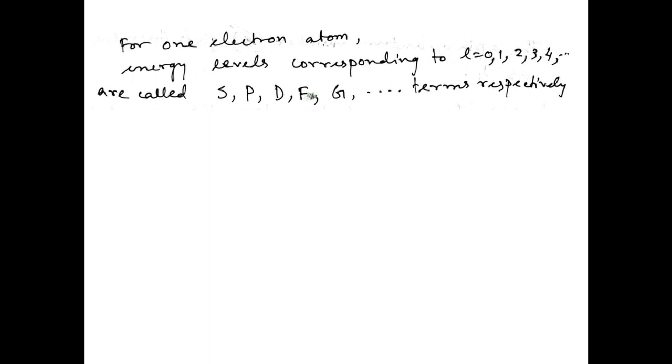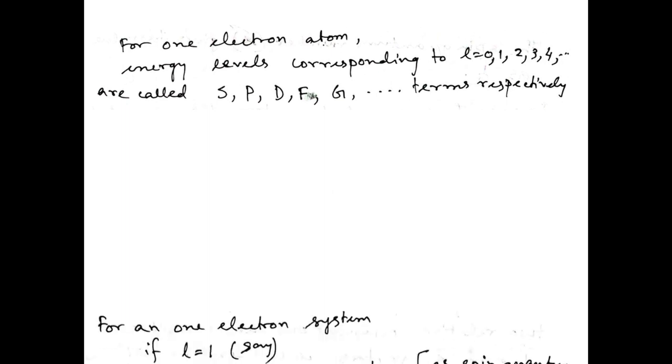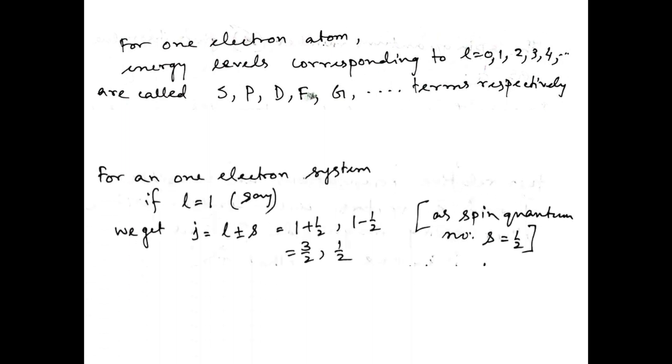So for the single electron, if it is a p electron, then L equal to 1, we know. And what is the magnitude of J? It will be either 1 plus half or 1 minus half, that is 3 by 2 or half.